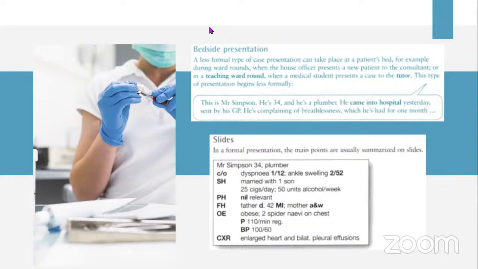Slides. In a formal presentation, the main points are usually summarized on slides.